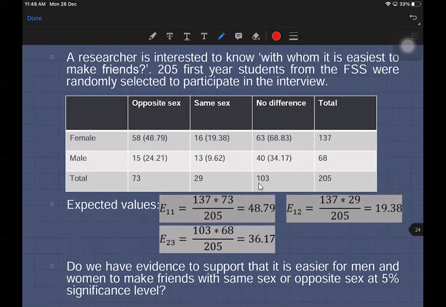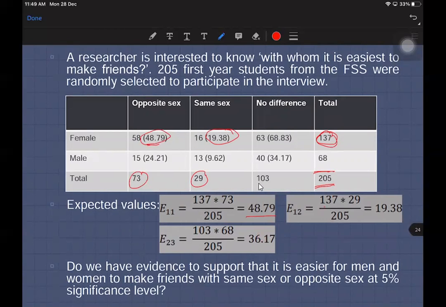Like for the first one here, 48.79. How to get it is 73 times 137 divided by 205. So you will get 48.79. Same goes to here. For example, 137 times 29 divided by 205, you will get 19.35.